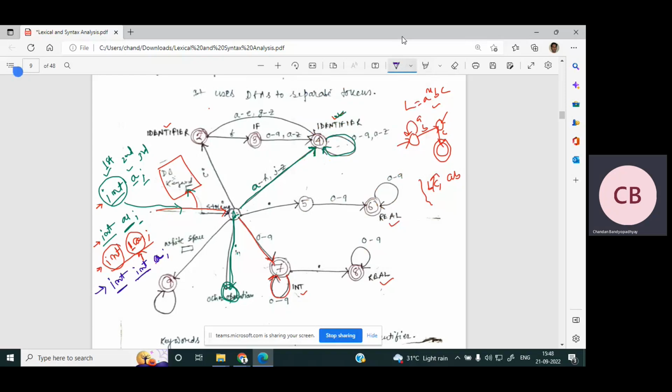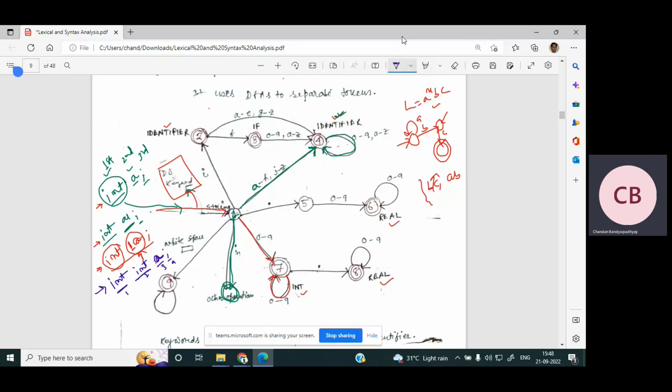Again, this integer, the second word, is taken as a second token. A is a third token, semicolon is a fourth token. Because every time int and int is fed through the system, this finite state machine cannot check whether this int is applied twice or thrice. It checks whether this int exists or not in the db keyword section.